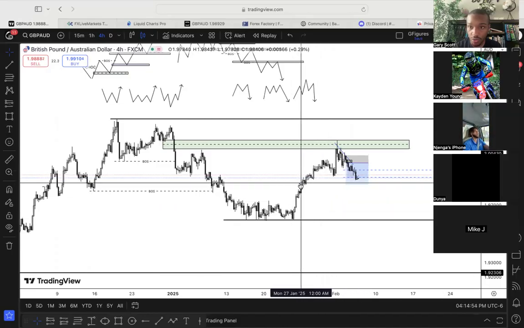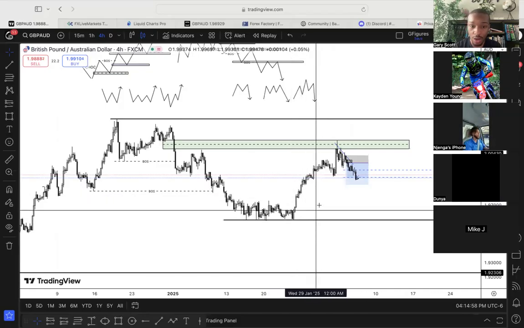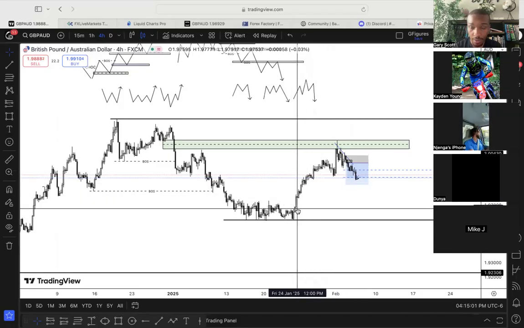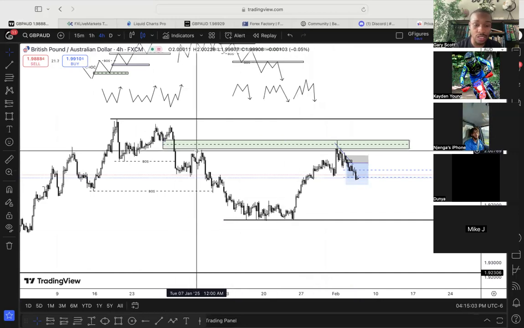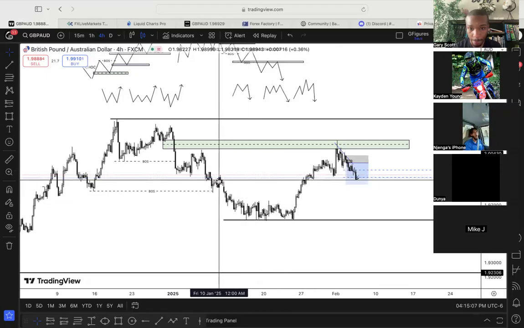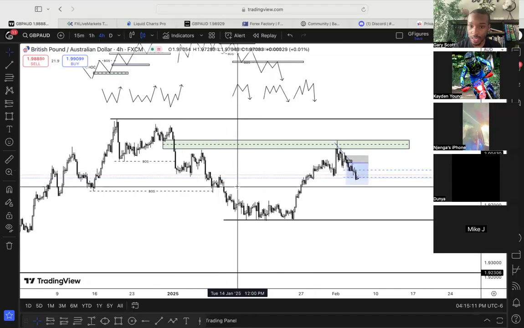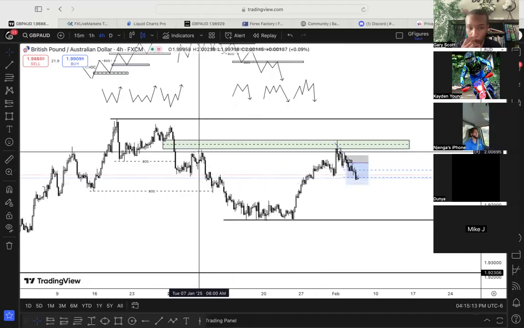There's no structure over here. There's a bunch of space over here. There's a bunch of fair value gaps over here. And only one lower high got taken out. There's no lower highs in this move right here. Yeah, there's a little bit of structure, but there's no lower highs that got taken out but this one. Is that making sense?